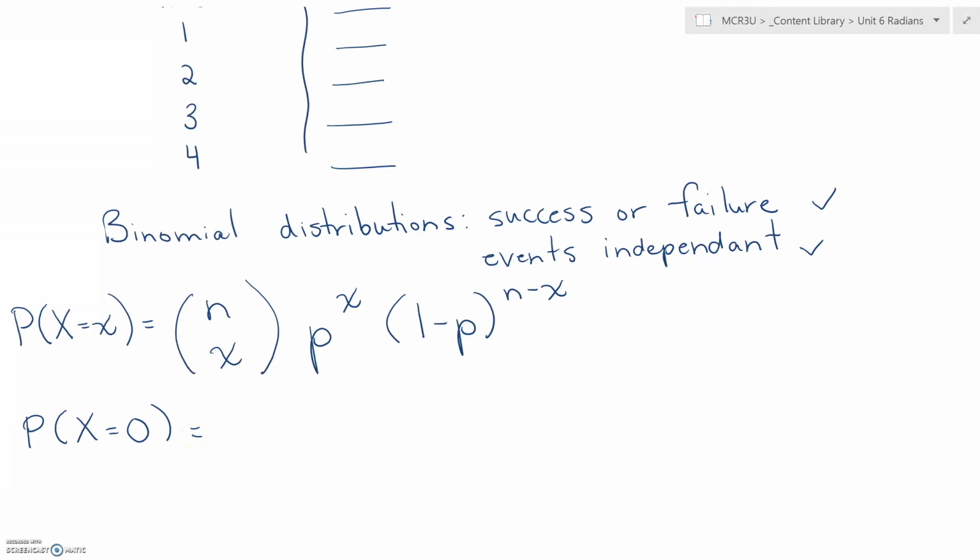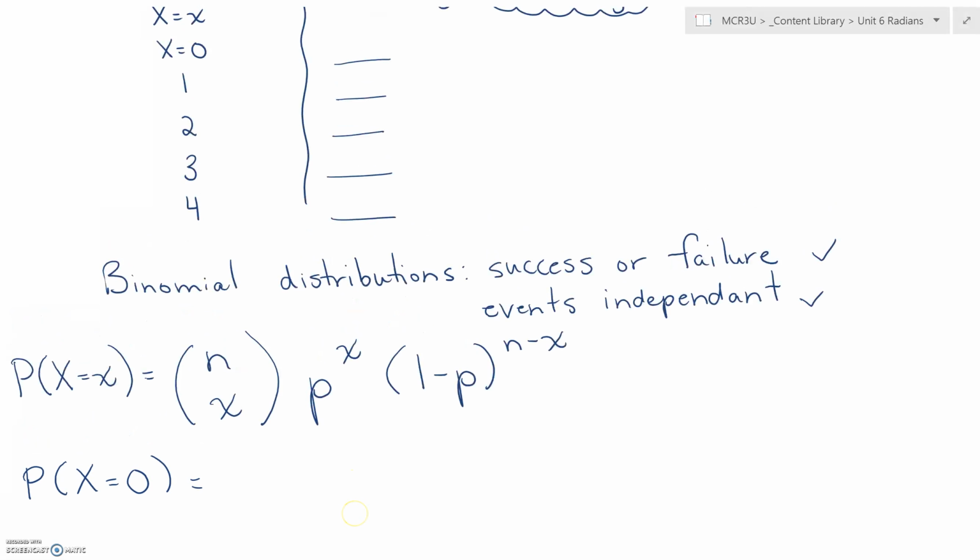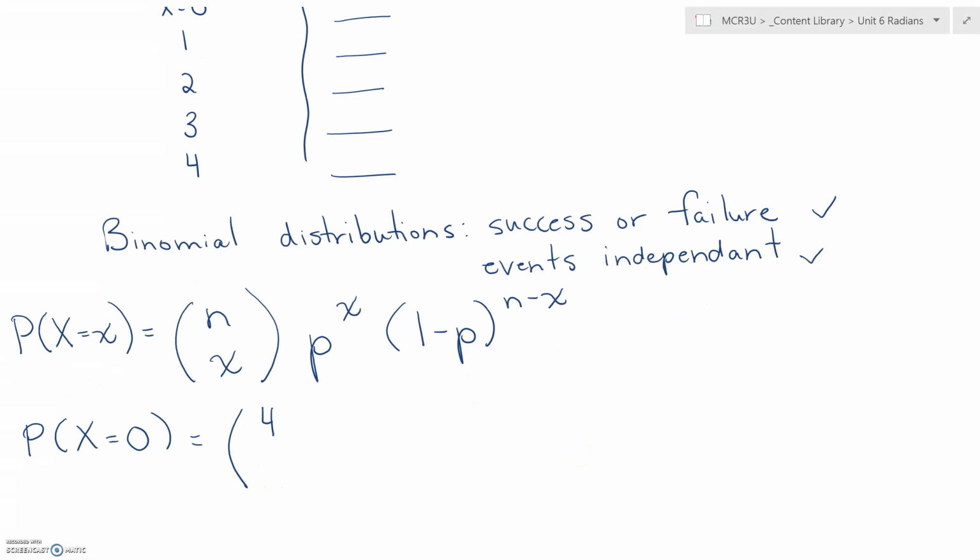Now N is the total number of times the trial is tried. In this case, the total number of trials would be 4, because you're having up to 4 children, so that means 4 times. And our X variable is equal to 0. So here we want 0 girls out of 4 children. That's what this expression means.